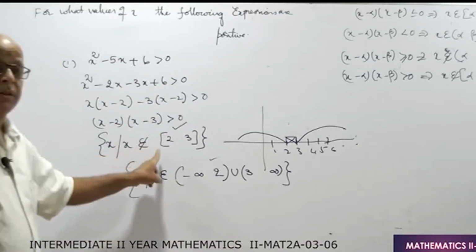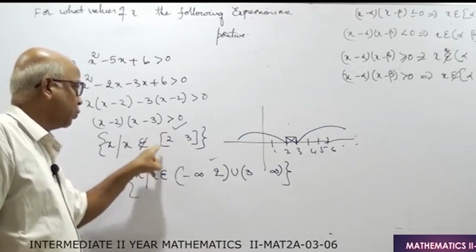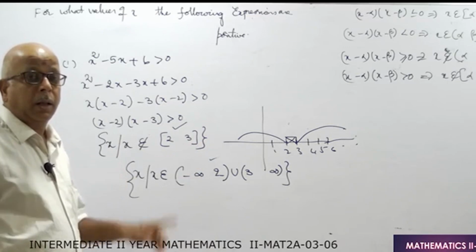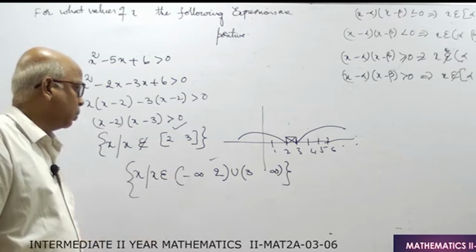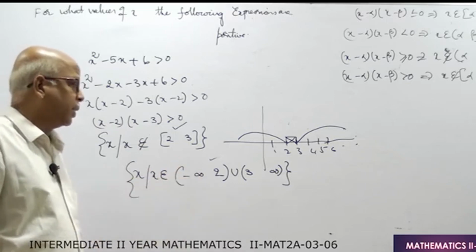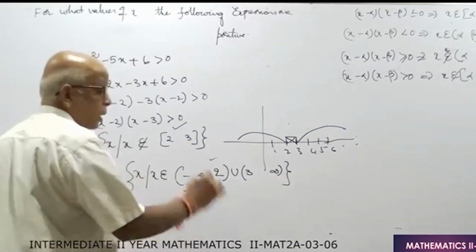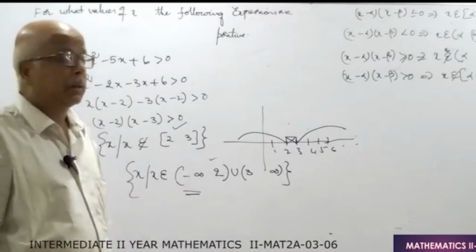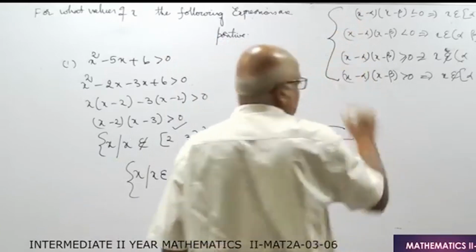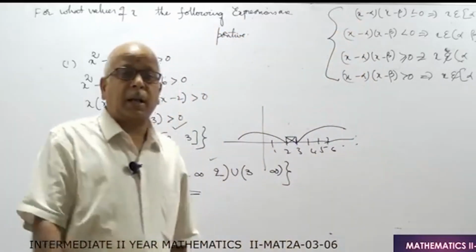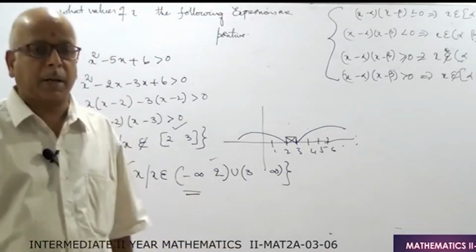If you want to write it in this notation, you write x does not belong to the closed interval 2, 3. If you don't want the does-not-belong notation, then x belongs to the open interval minus infinity to 2 union 3 to infinity. In these two notations we can write this; particularly, these four conditions we can derive from the theorem of roots. We shall come to know the proof of that in our coming classes.